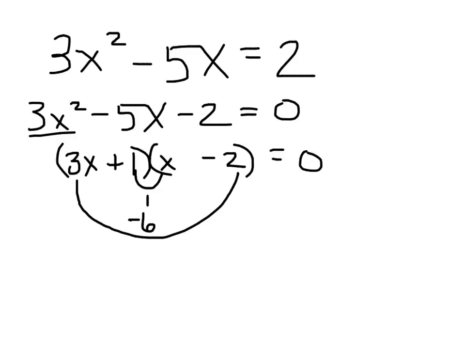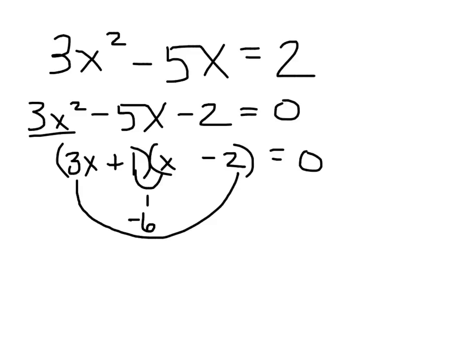If you went the other way, you would have gotten a -1 or a +1, and that's not going to work. That doesn't make the middle. So you need to be very careful. Take the time to check to see if the outer and inner parts make the middle. If it does, great job. If it doesn't, try a different combination. Don't just throw the numbers in and say, oh, I got it, because chances are you could be wrong.